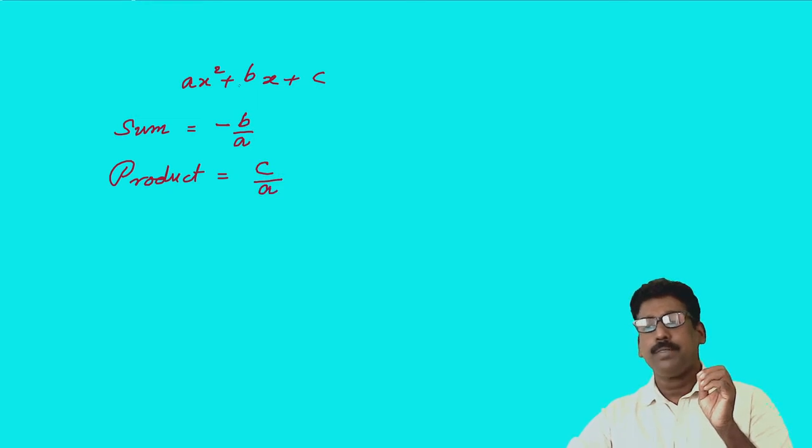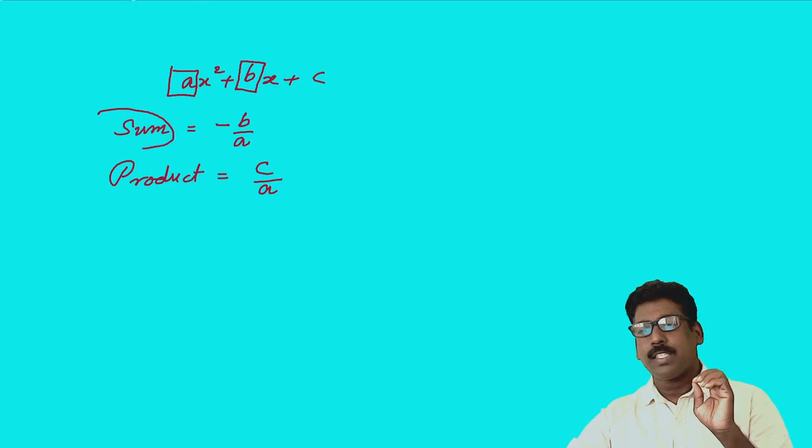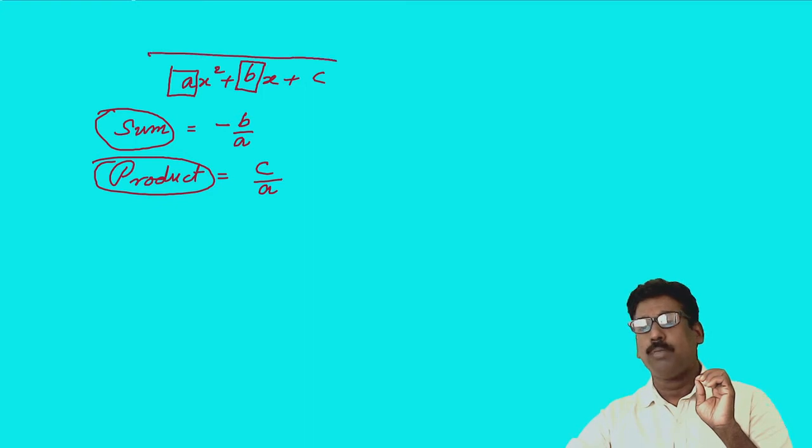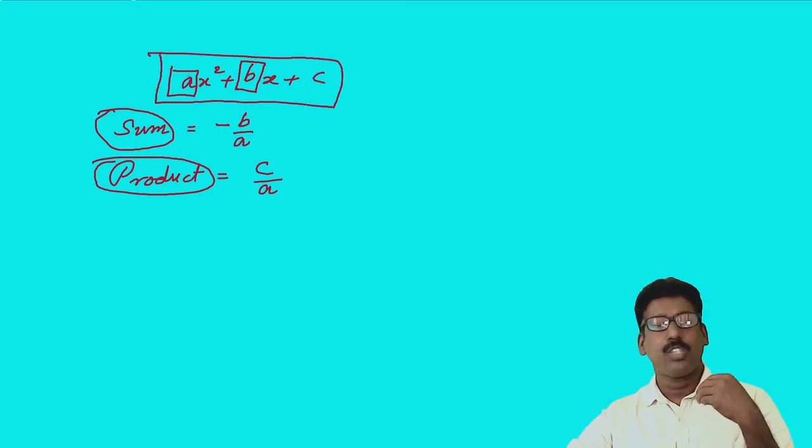Negative b means negative of coefficient of x, and a means the coefficient of x square. Now you will be given sum of the zeros and product of the zeros, and you have to form a quadratic polynomial. Let us discuss a question.